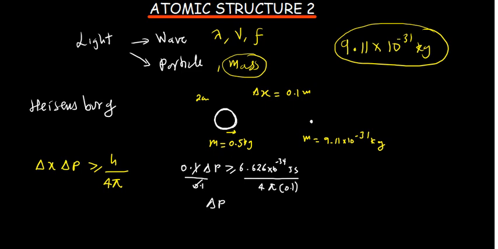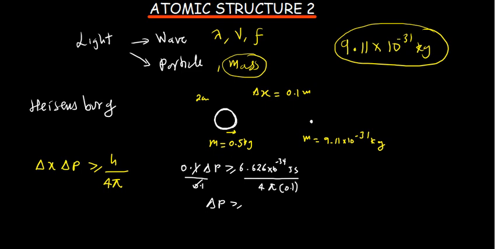Change in momentum is going to be equal to 6.626 times 10 to the power negative 34, divided by 4 multiplied by pi, and then multiplied by 0.1.